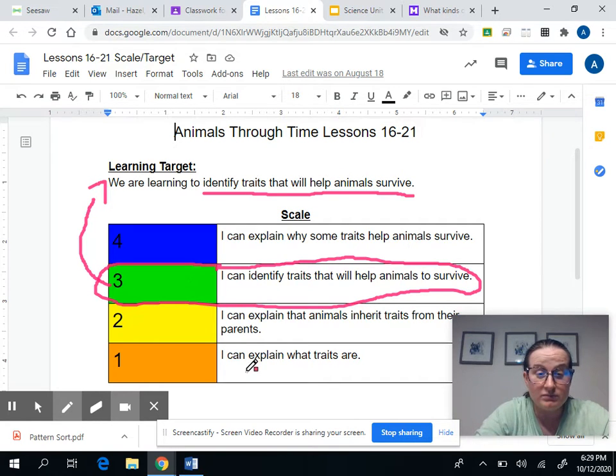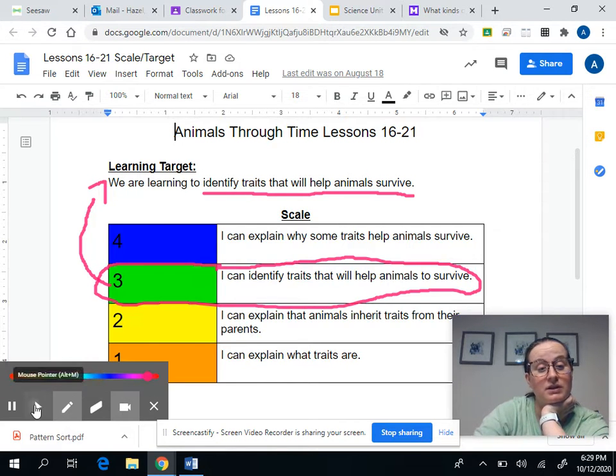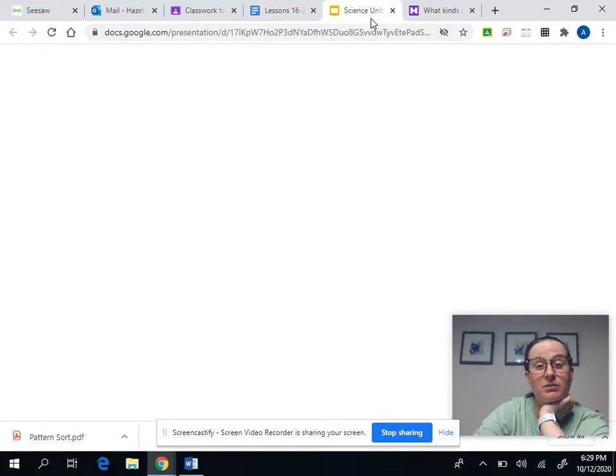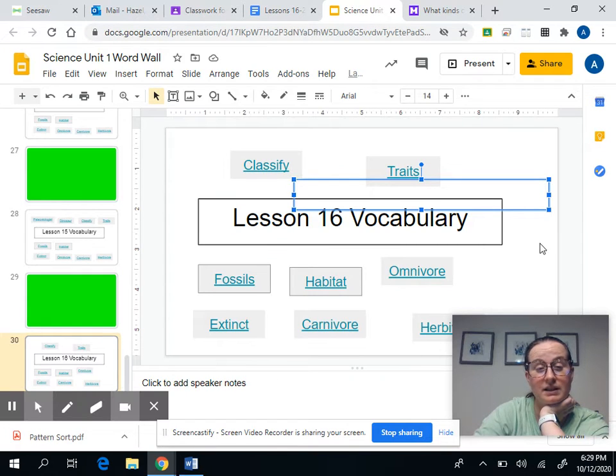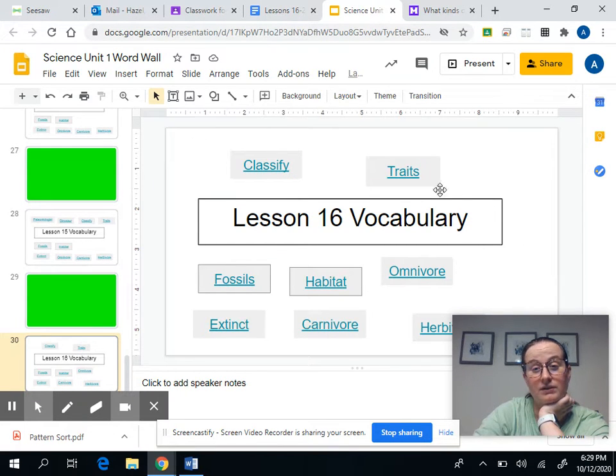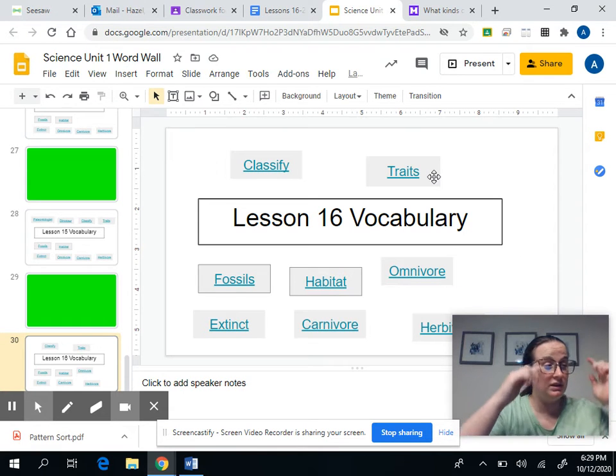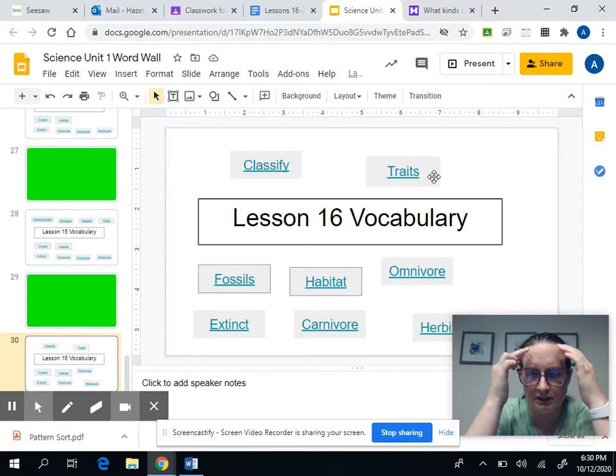So first, though, we have to explain what traits are. And you might be thinking, this sounds familiar to me. And it should, because when you check out your science word wall, this is lesson 16, we have traits. So I want you to think right now about that, right?